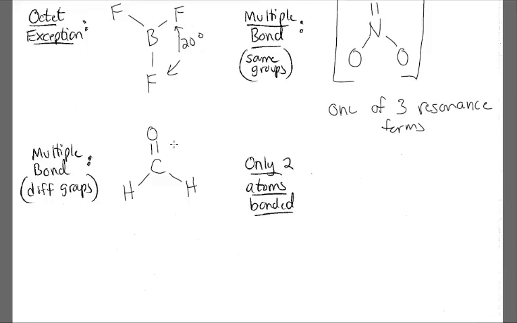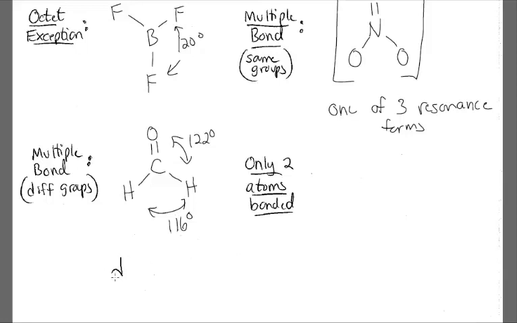So in reality, the bond angle here between oxygen and hydrogen is 122, and the bond angle between the two hydrogens is 116. So the 120 is exactly what it'll be if the groups are the same, but they'll vary from that if they're a little different. And how they will vary is that a double bond will repel these electrons a little more, so it'll make this gap bigger and this gap smaller.